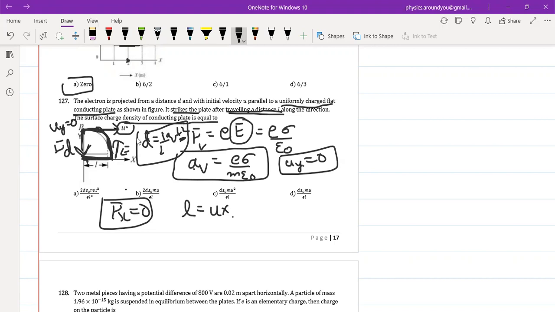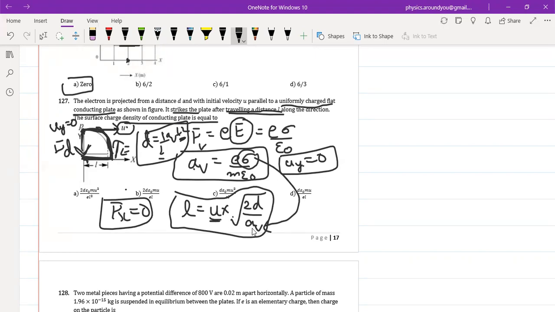The time taken is given by this equation, root of 2d by a, where a is the vertical acceleration. So L is equal to u times root of 2d by a_v, where I will put the value of a_v over here, and the value of u I know. From this, I can definitely get the value of sigma, because sigma is the only unknown quantity.